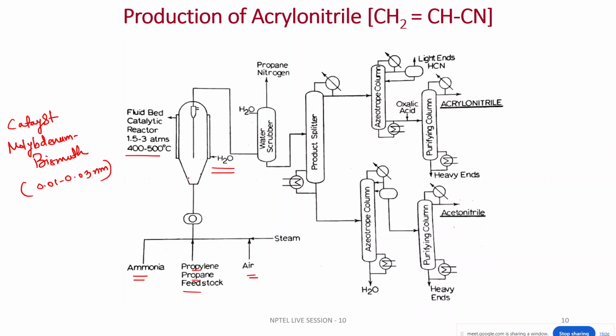So from this stream, the product is further taken to the water scrubbing process, where the propane and nitrogen can be taken out, and the water scrubbed product is further sent to the product splitter.